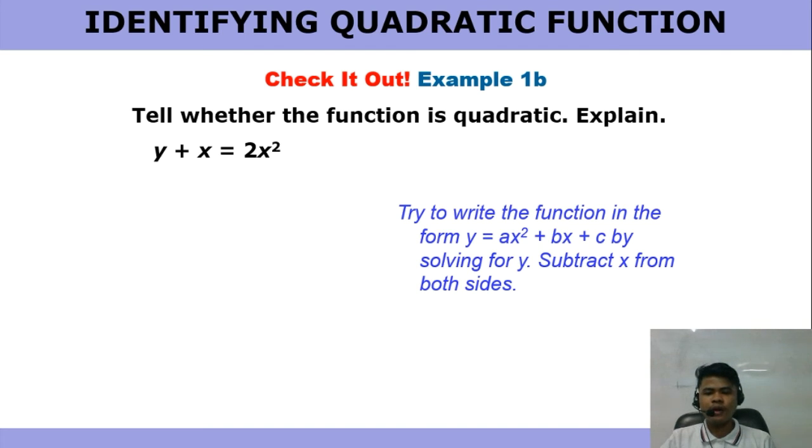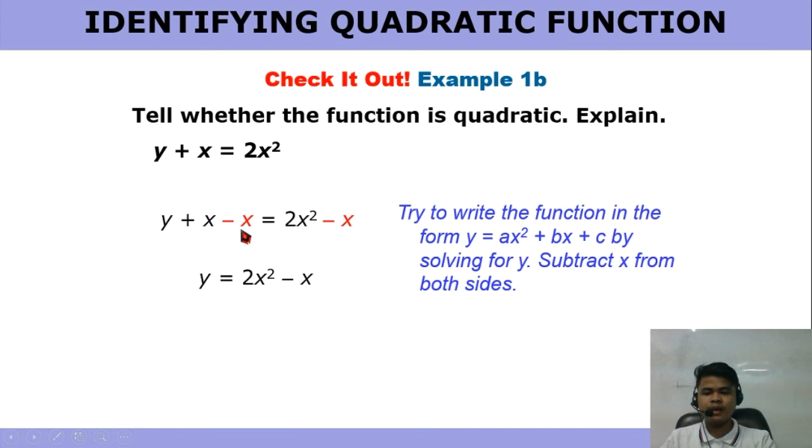To solve for y, we should subtract x from both sides ng equation. It is the application of the addition or subtraction property of equality, na kung mag-add ka or magsasubtract ka ng isang value sa left side, magsasubtract ka rin sa right side kasi this is an equation.